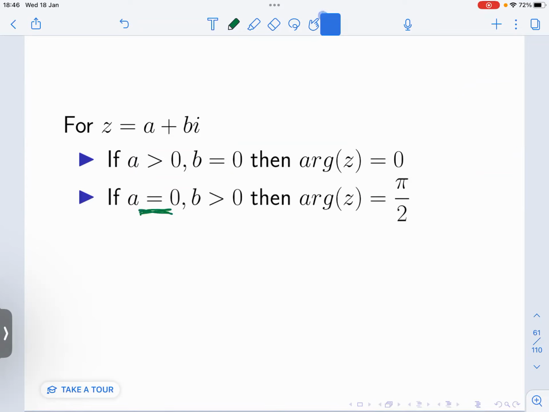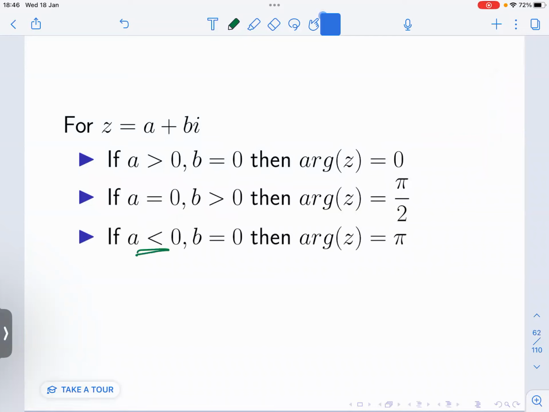If a is equal to 0, the real part is equal to 0, and the imaginary part is positive, we see that our complex number lies on the imaginary axis. So it is here, and the angle here is just pi over 2. If a is negative and b is equal to 0, our complex number lies on the negative real axis.